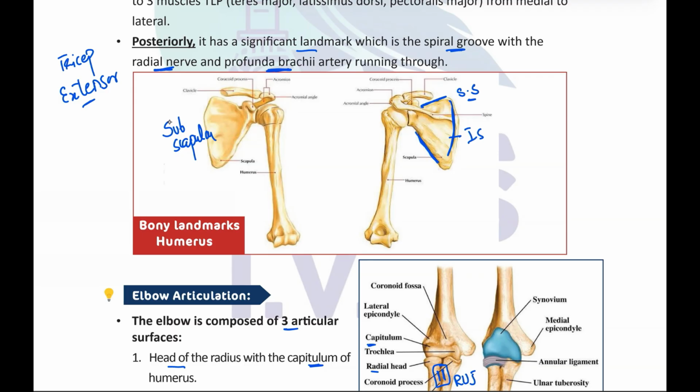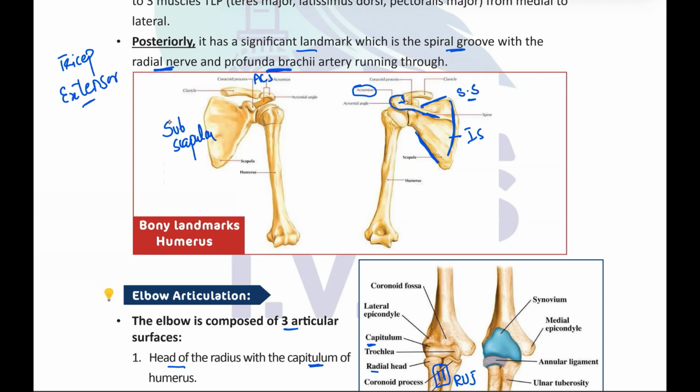Now, here in the front, we have the coracoid process, and this one, which is a spine present on the posterior aspect, is going to curve and come anteriorly, and this portion will be known as the acromion. Now, the acromion is going to articulate with the lateral end of the clavicle and form the acromioclavicular joint.